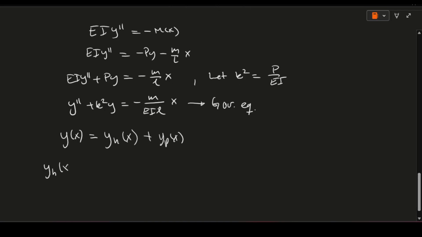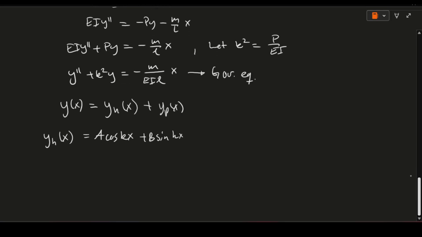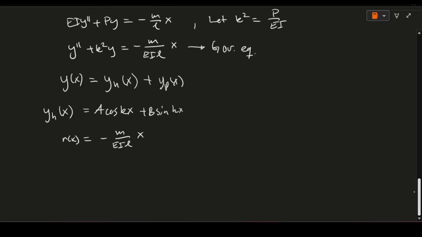And we know that yh of x, it's becoming pretty routine by now, is a cosine kx plus b sine kx. We see that the right-hand side of the governing equation is minus M over EIL times x. This is a polynomial, a constant times x.